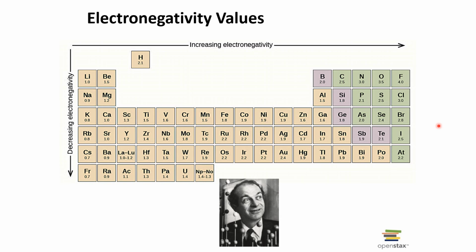And of course, there are many exceptions among the transition metals, but even with that, it kind of follows this pattern decently, okay? So in this case, we have increasing electronegativity to the right as they progress, and decreasing electronegativity as they go down.